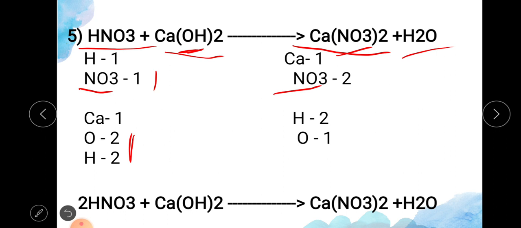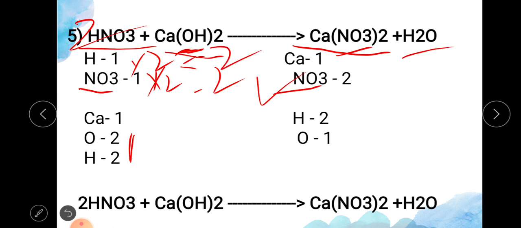Which is the biggest number here? Nitrate on the product side is 2. To make it balance, what to do? Nitrate 2. If you write nitrate 2, it multiplies with hydrogen also, so hydrogen also becomes 2. So 2HNO3 plus Ca(OH) taken twice, you will get Ca(NO3) taken twice plus H2O.